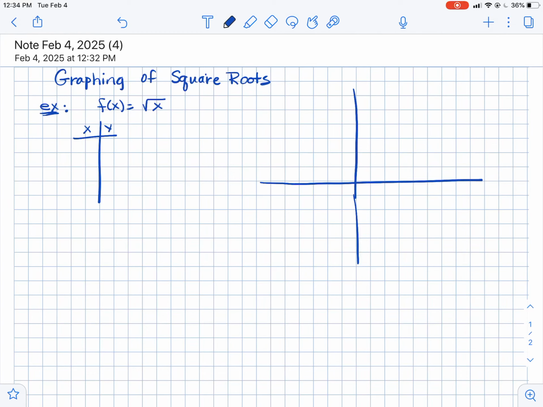When I go to put numbers in, especially for square roots, I don't want to deal with decimal values, so I am going to choose perfect squares that I know are going to work. The square root of 0 would be 0. Square root of 1 would be 1. 2 I don't want to do because that's a decimal. 3 I don't want to do, it's a decimal. But 4 would be 2, and 9 would be my next one I would want to do.